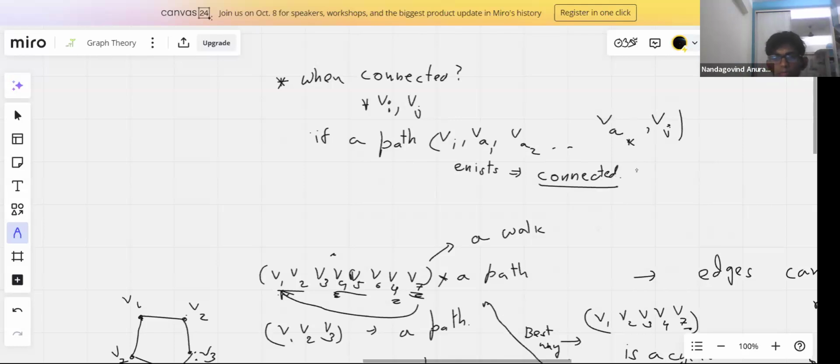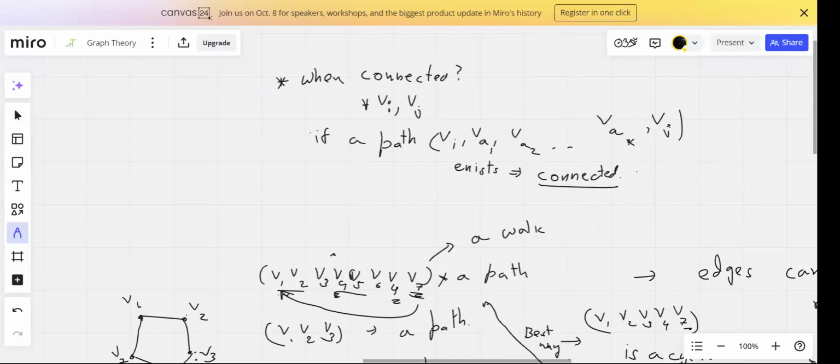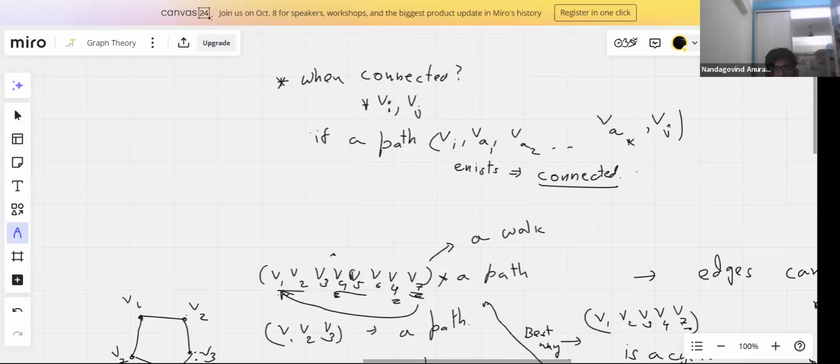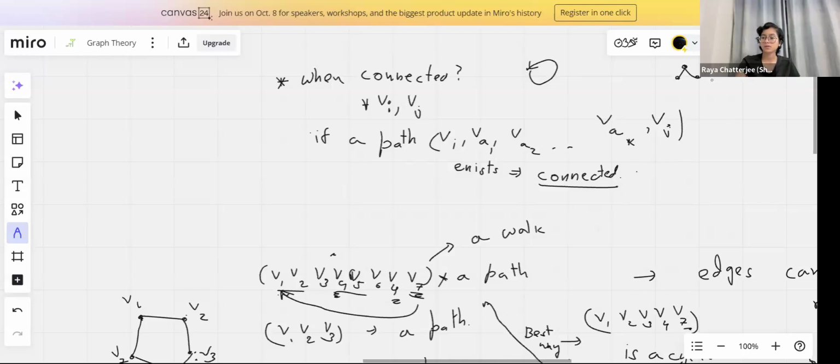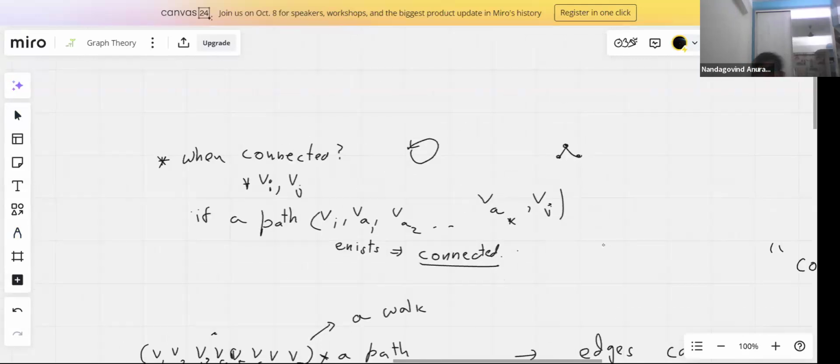Shouldn't i be equal to j for it to be connected? What do you mean, i equals j? Kind of like a self-linking idea. Then you'll have a cycle. Is it a simple graph anymore? It's not necessarily a simple graph.